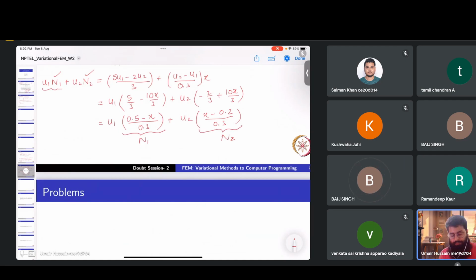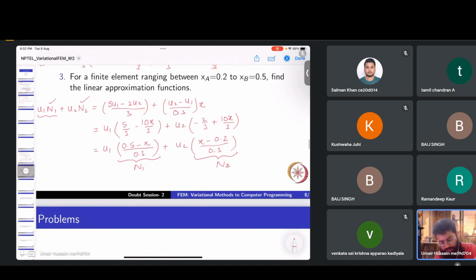So you'll see there's a general trend to write n1 and n2. When we write n1, we write (xb minus x) upon (xb minus xa), and n2 is (x minus xa) upon (xb minus xa).